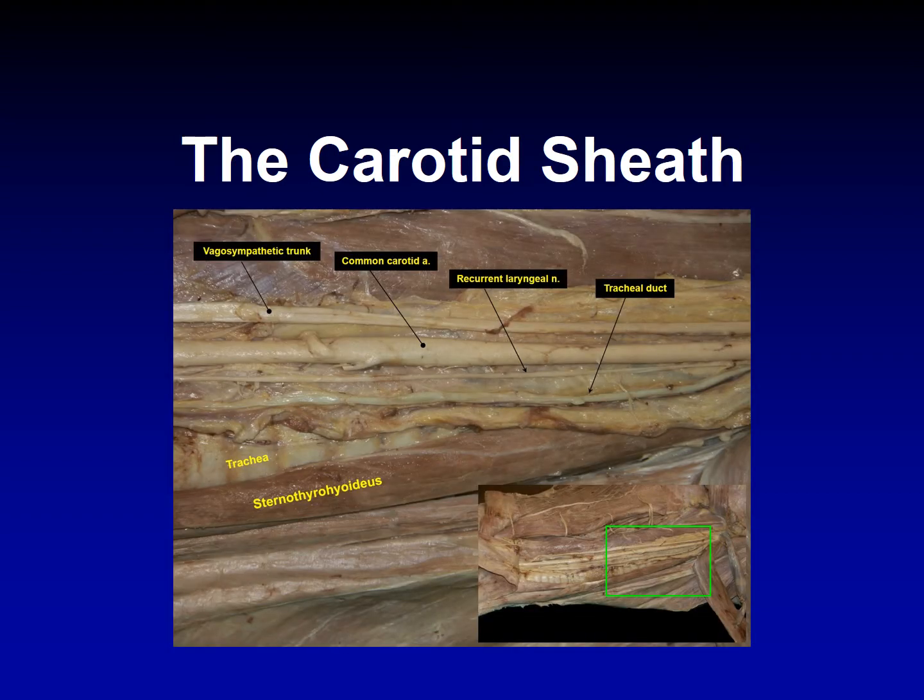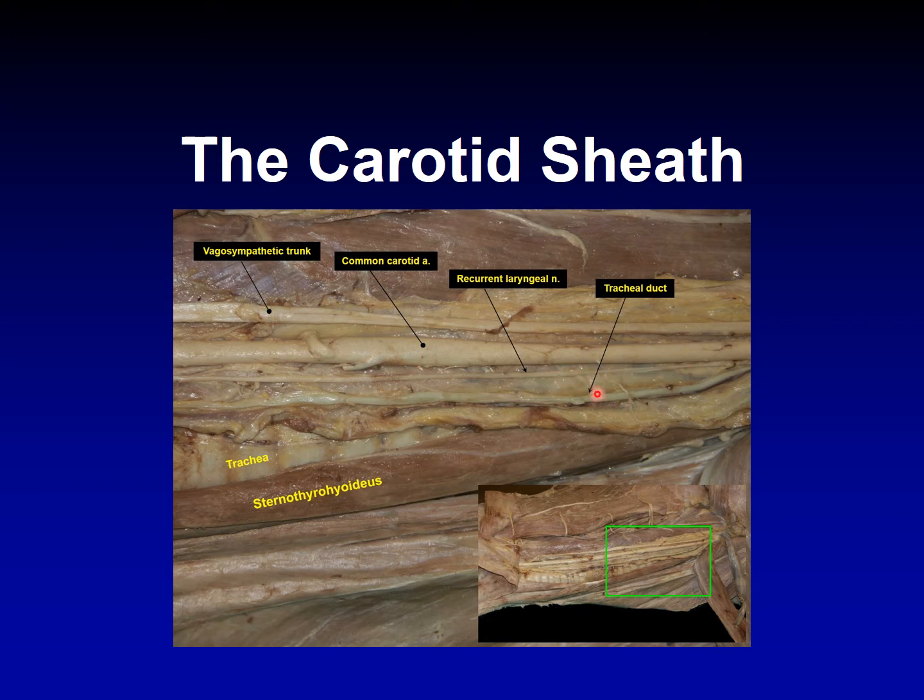These are some of the components of the carotid sheath. We have the vagosympathetic trunk, the huge common carotid artery, and then the recurrent laryngeal nerve, and I've talked about that when I talked about laryngeal hemiplegia in horses and how we fixed it with a surgery called the tieback or laryngeal prosthesis.